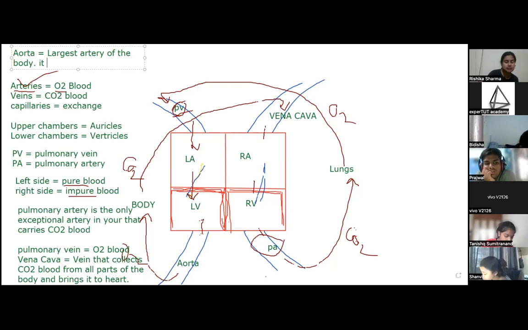It carries oxygenated blood. Is this clear, this much? Any problems, any doubt? Tanishq, is it clear? Okay. Yes.